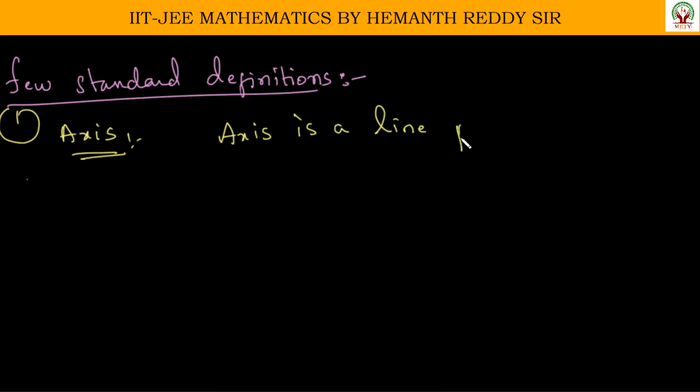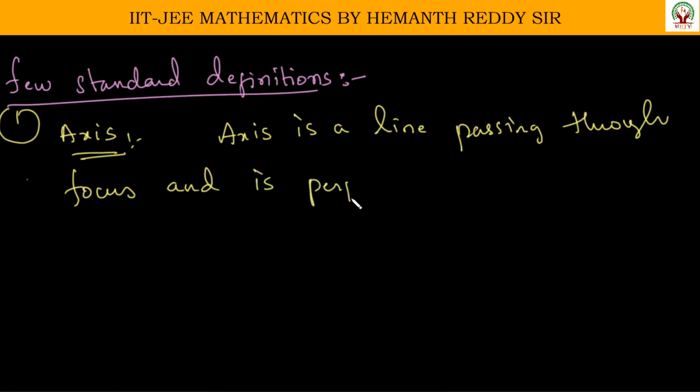Axis is a line passing through the focus and is perpendicular to the directrix. Axis is a line which is passing through the focus and is perpendicular to the directrix. This is the axis.